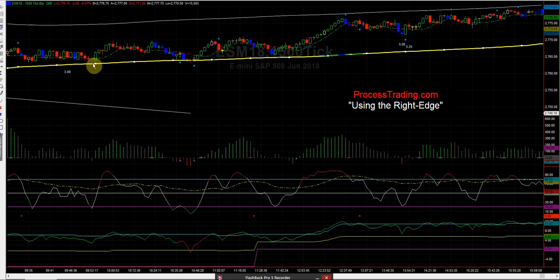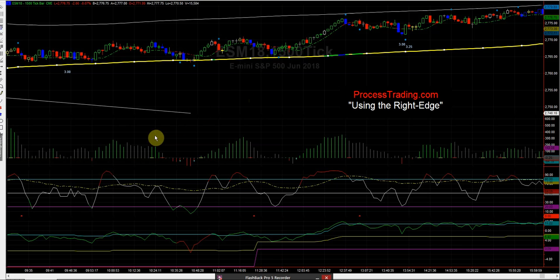It came down here to the support line, went back up, came back down to support, went back up, came back down to support, and when it couldn't break through that, then it takes off to the upside. So we're going to review those trend trades in just a second here.